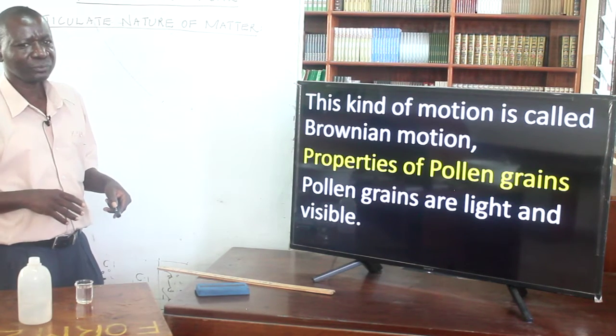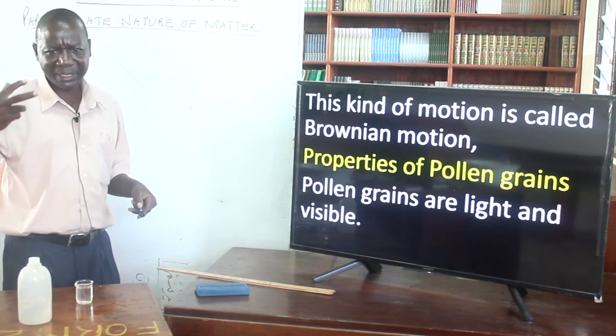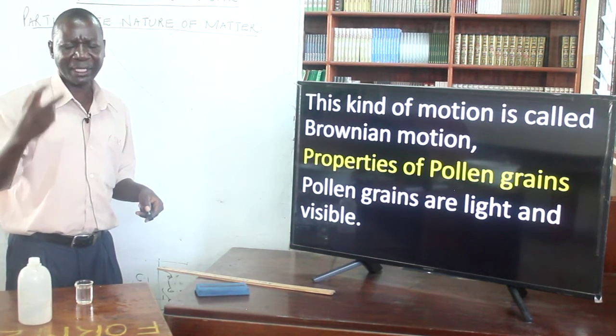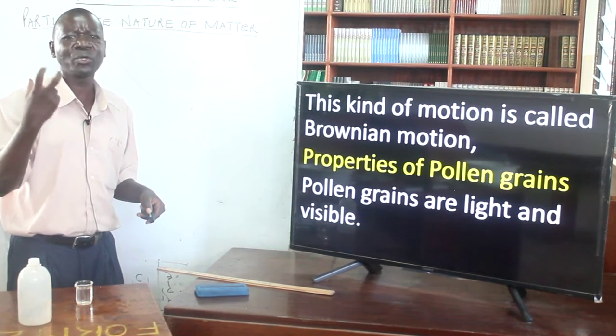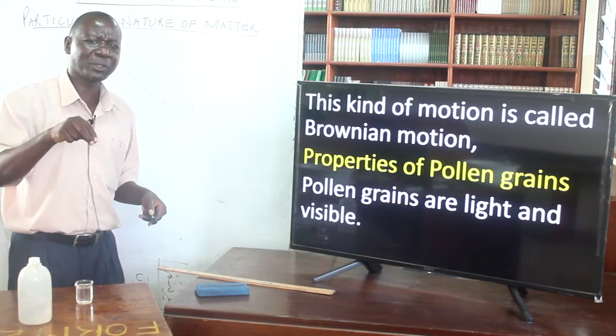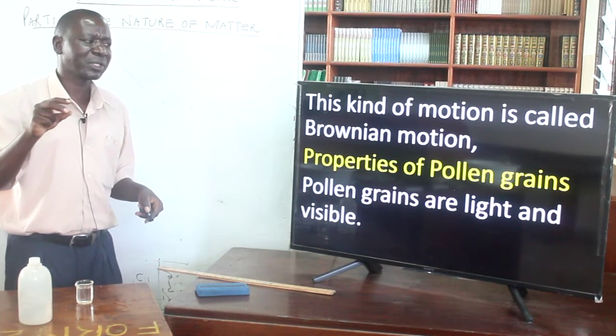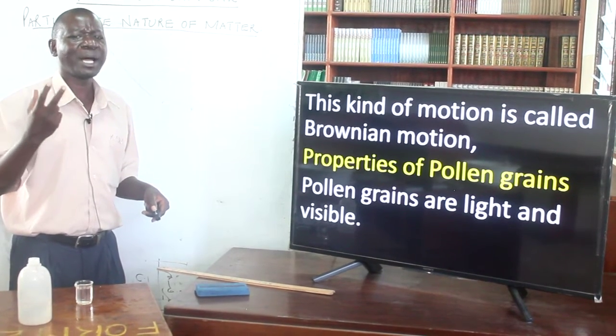Now, what are the properties of the particles that we can see, like the pollen grains? What particles should we consider for those particles that we put on the surface of the water? Those particles, like the pollen grains, must be visible and they must be light.